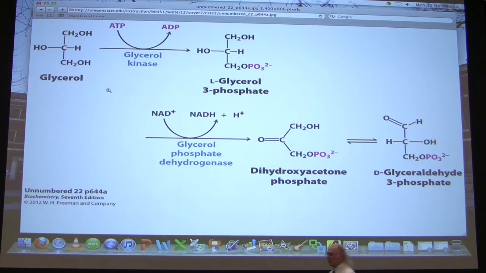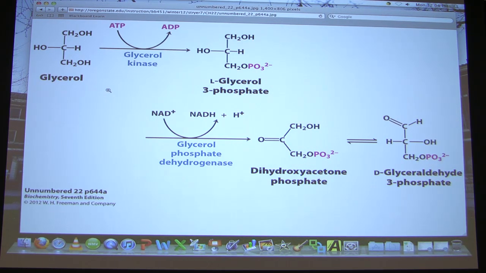Glycerol itself is another component that is produced by the breakdown of fat. And glycerol turns out to be the only component, with a minor exception that we'll see later, that can be used to make glucose out of fat. Glycerol is a 3-carbon compound.